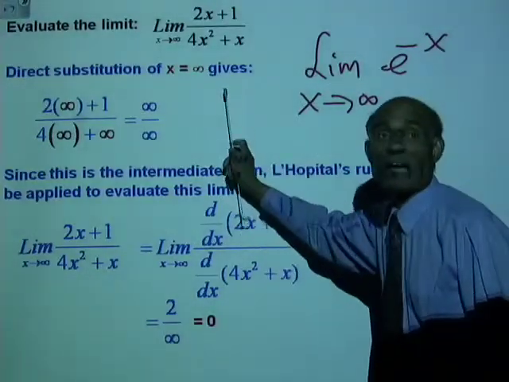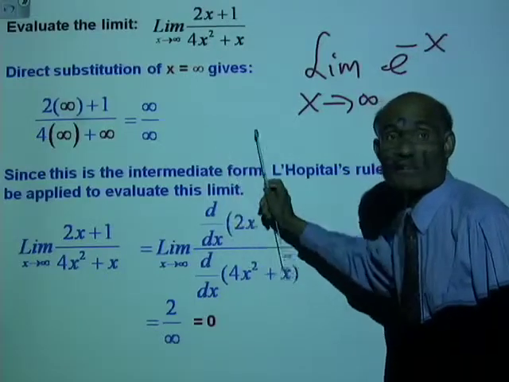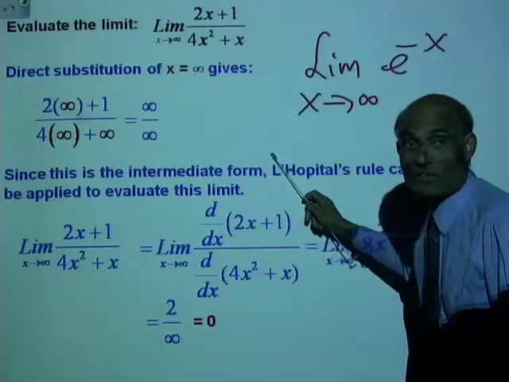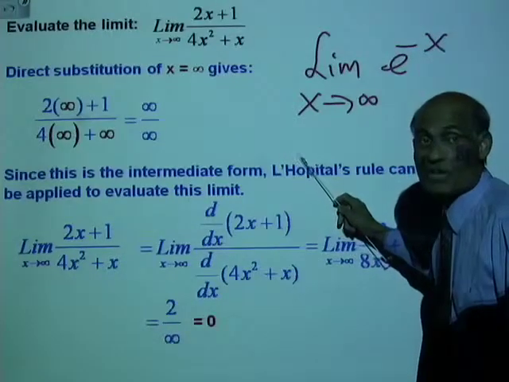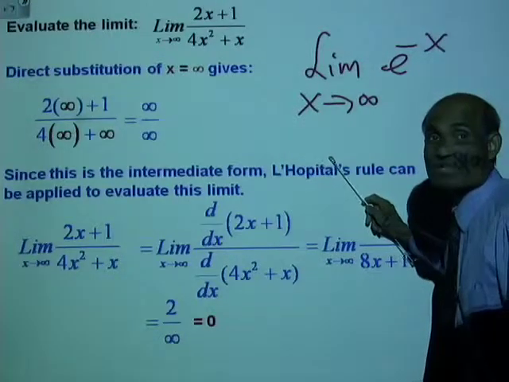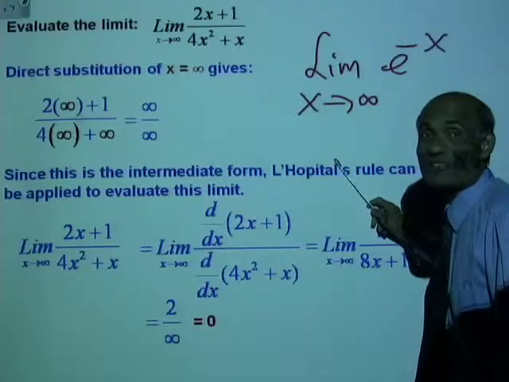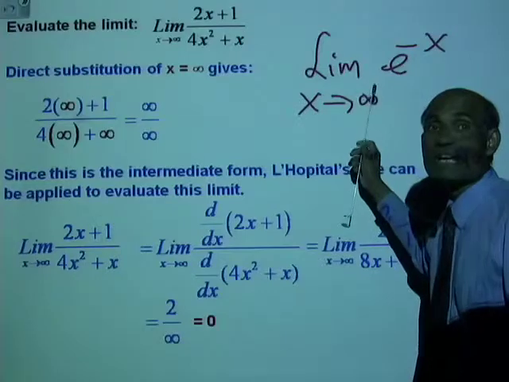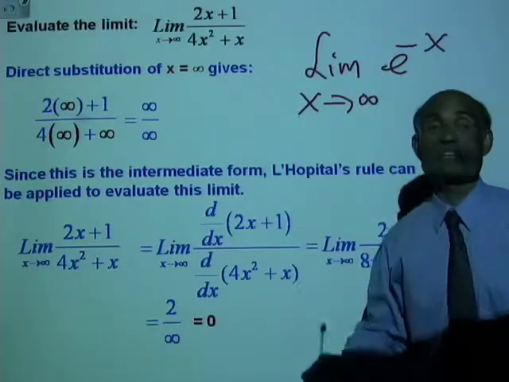And if you know the graph of e to the power of negative x, it is an exponential decay graph, and as x goes to infinity, the graph will asymptotically approach the x-axis. That is the meaning. The limit as x approaches infinity of e to the power of negative x is 0.